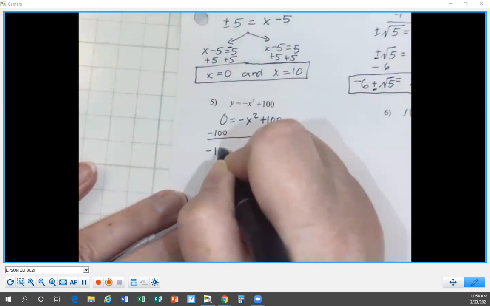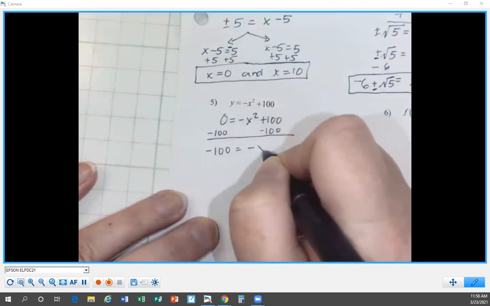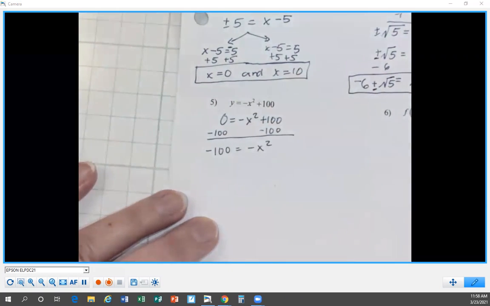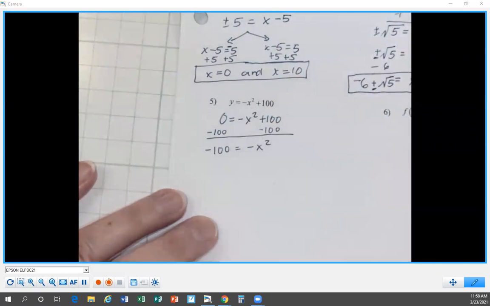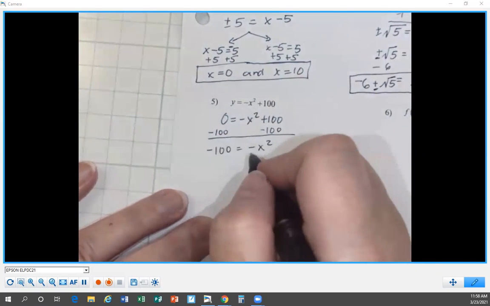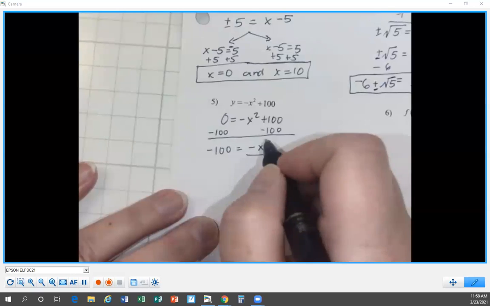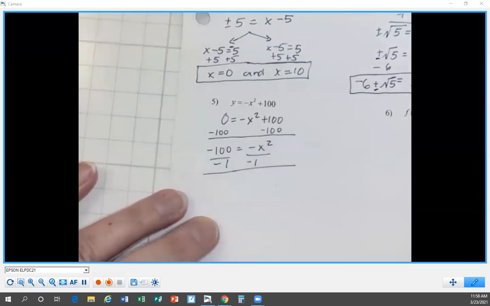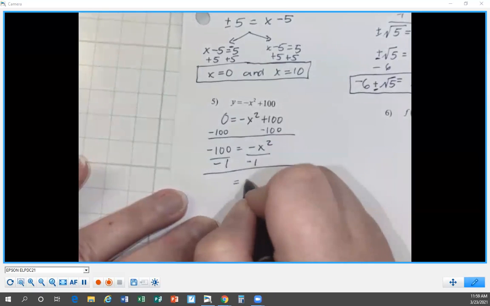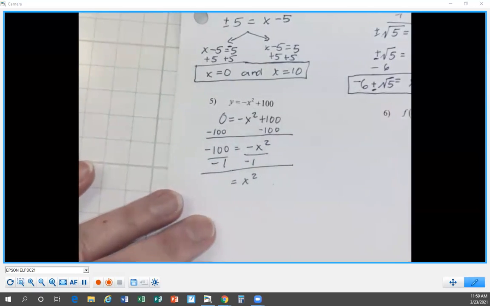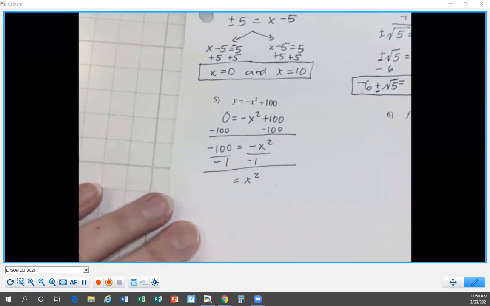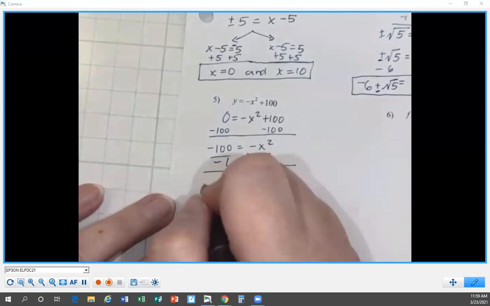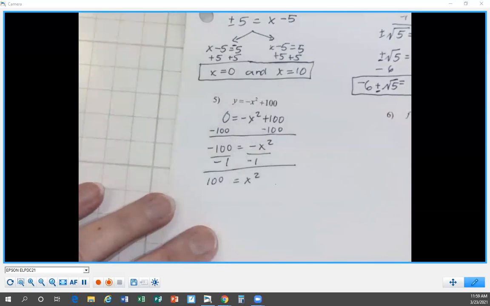That'll give us -100 equals -x squared. I don't want to know what -x squared equals. I want it to be positive, because I can't take the square root of a negative. So I'll divide by -1 on each side. This gives me x squared, which is what I'm looking for, and -100 divided by -1 gives me positive 100.